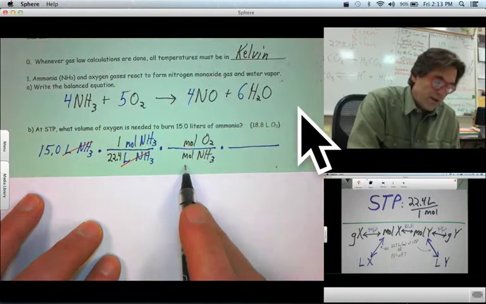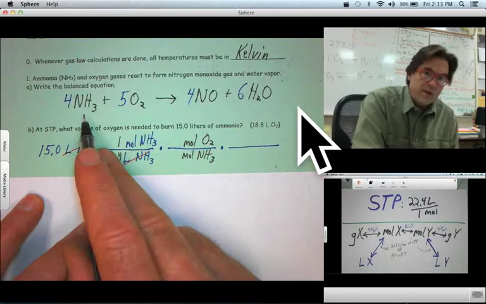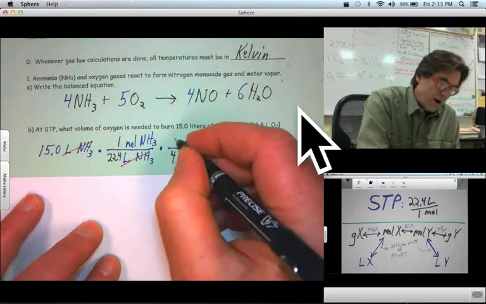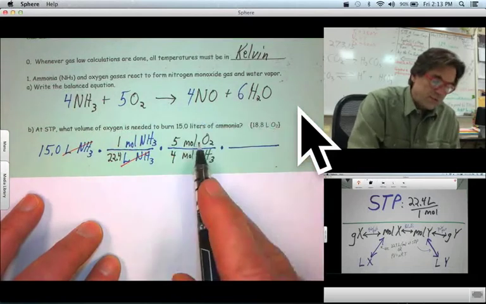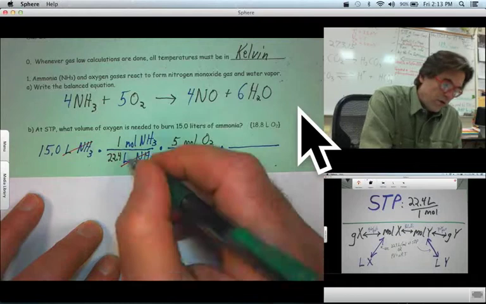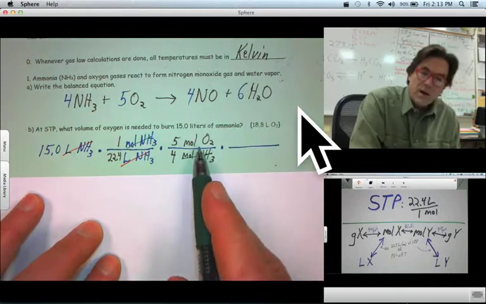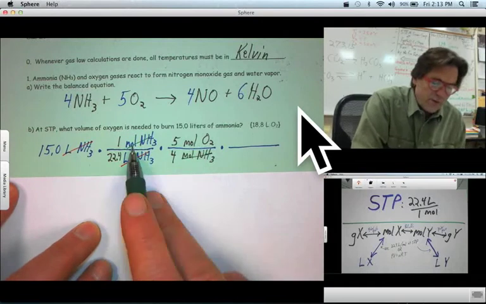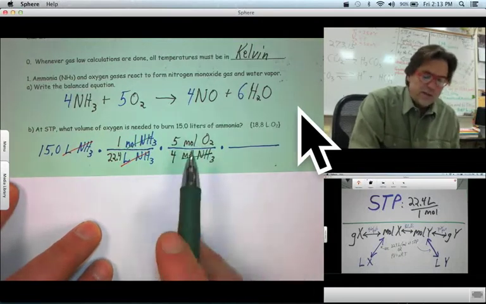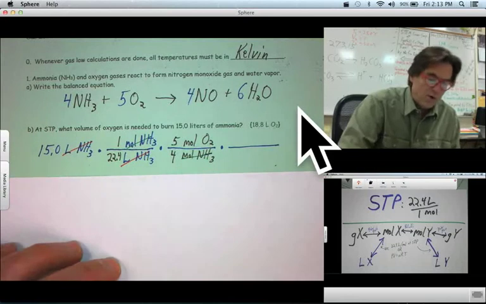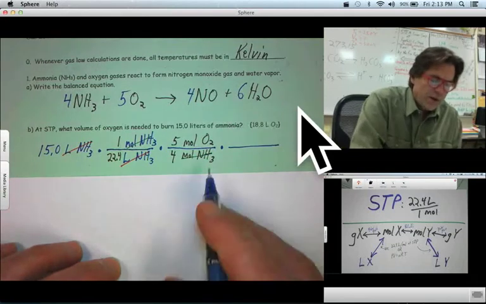And the numbers come straight out of the balanced chemical equation. 4 moles of ammonia react with 5 moles of oxygen. Now, the moles of ammonia cancel, and we're into moles of oxygen. It's very clear we need to write moles of what? I see some students writing just moles, and you're left asking, moles of what? What are you talking about? All right, now we're into moles of oxygen.